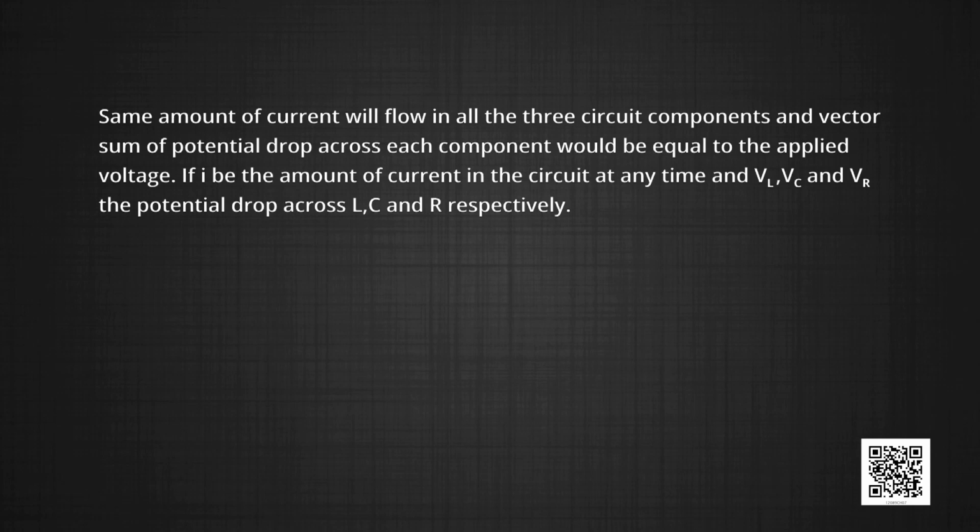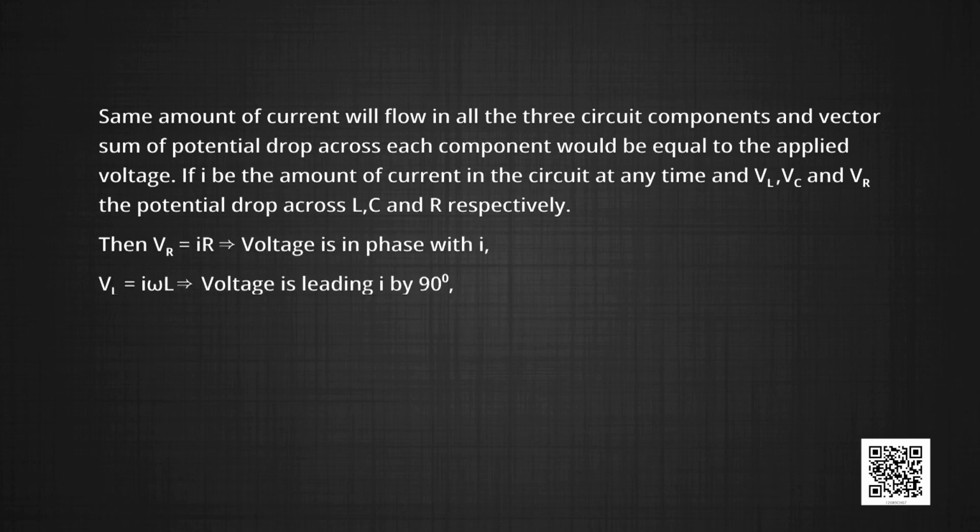If I be the amount of current in the circuit at any time, and VL, VC and VR are the potential drops across L, C and R respectively, then VR is equal to IR, which is voltage in phase with I. Then VL is equal to I omega L, that is the voltage is leading I by 90 degrees. Here VC is equal to I divided by omega C, that is the voltage is lagging behind I by 90 degrees.